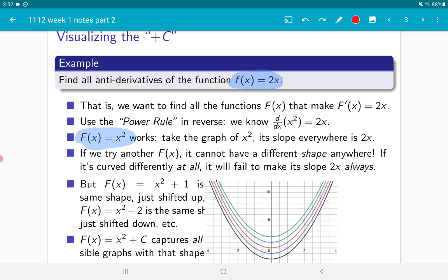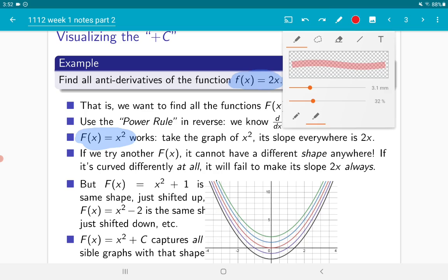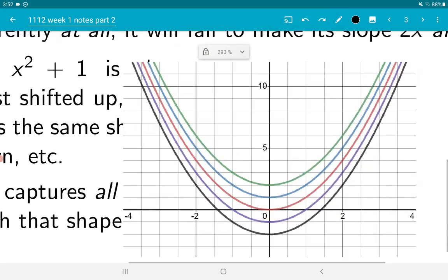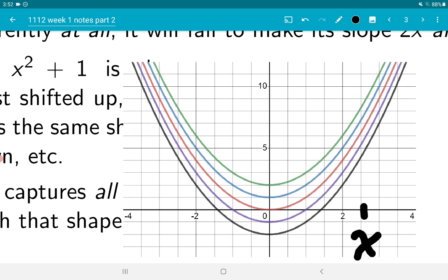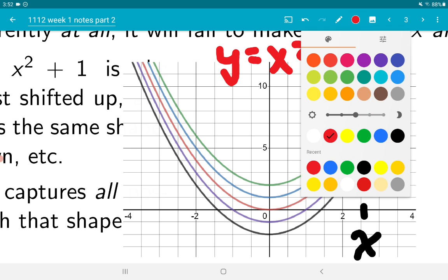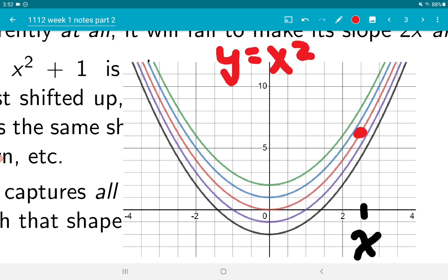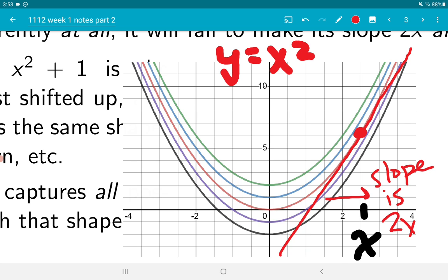And it's the antiderivative of 2x in the following sense. If I were to choose a particular x value, and I were to go up to the corresponding point on that curve, x squared, and I were to ask for the slope of the curve there, the slope of the tangent line at that place, let me try to sketch that, then the slope of that tangent line is exactly 2x, 2 times whatever the x coordinate is of that point on the curve.